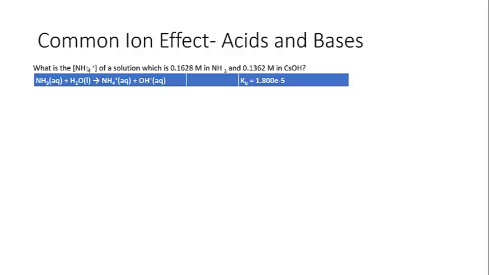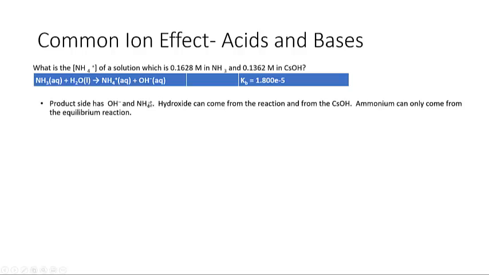Well, you note that you're trying to get ammonium ion, which is a product. So if we think about what this means, it means that we have two products on the right side, and hydroxide can come from the equilibrium here, where ammonia splits apart into ammonium and hydroxide.